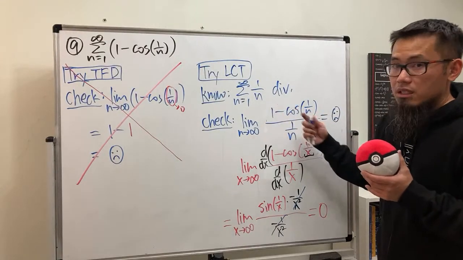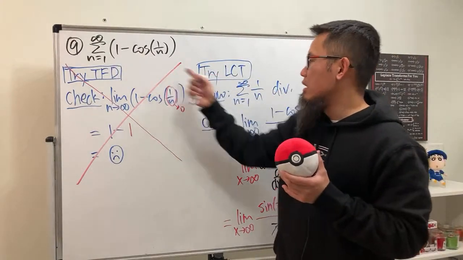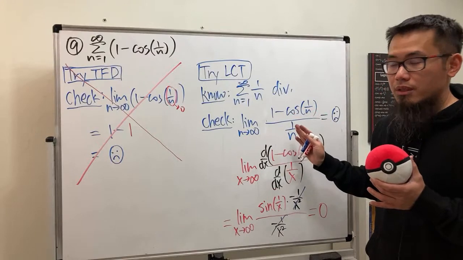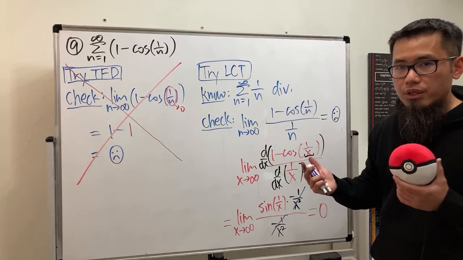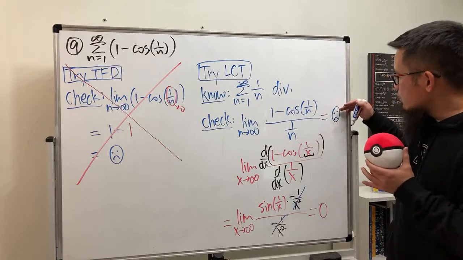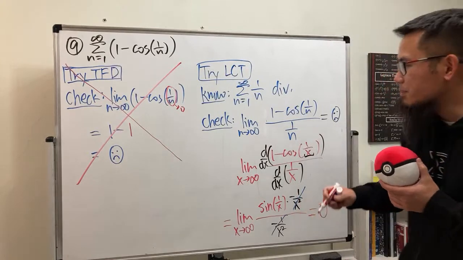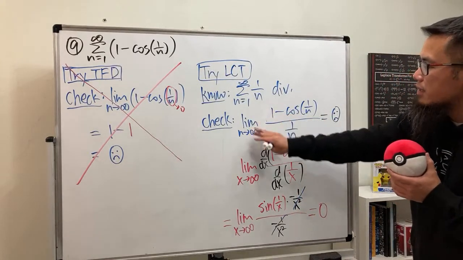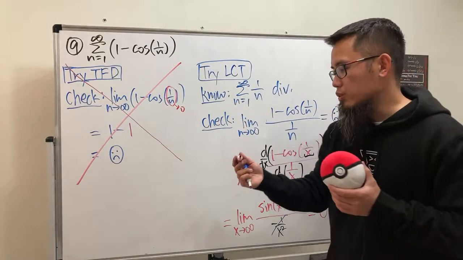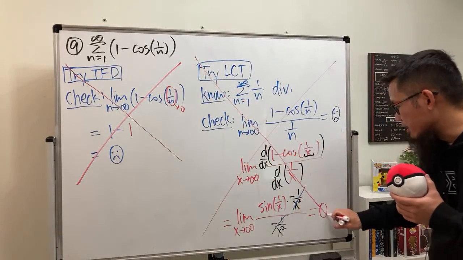Keep in mind, if you draw a conclusion right now, you will be saying that this also diverges. But that's not true, because this 0 doesn't tell you anything. The detail for why takes more time to discuss, but for now, just remember that if this limit is 0 or maybe infinity, then we cannot draw any conclusion. So unfortunately, this is also not presentable.